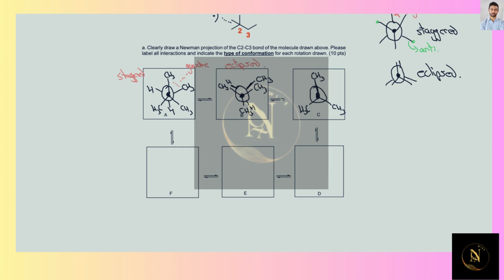And from the back, we're going to put everything on the same position. CH3, hydrogen, and hydrogen. Okay, so now as you notice, the staggered configuration is going to be repeating.